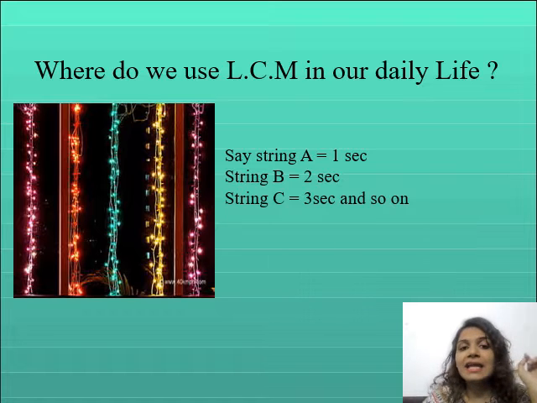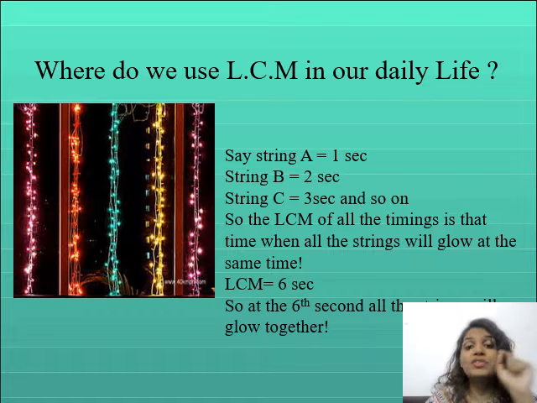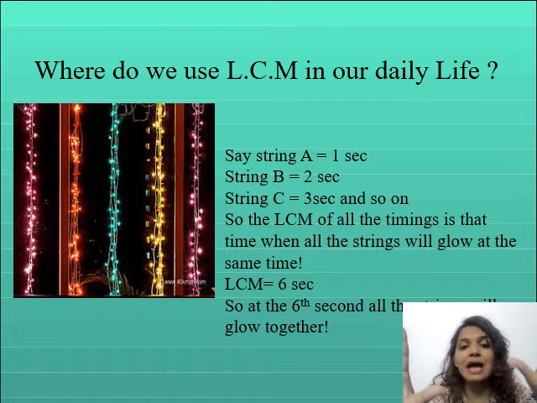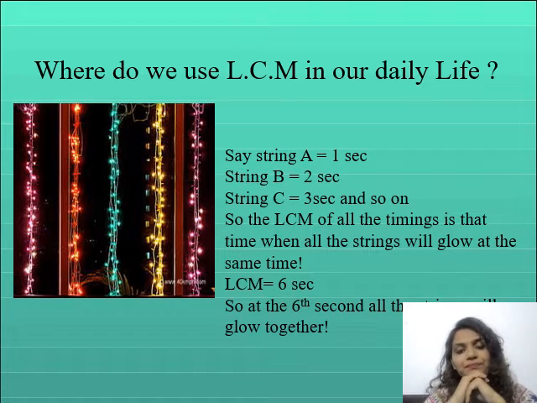So let us say that we have 3 strings, string A, B, C. Let us say that string A glows at every 1 second and B at every 2 seconds and C every 3 seconds and so on. So the LCM of all the timings is that time when all the strings will glow at the same time.